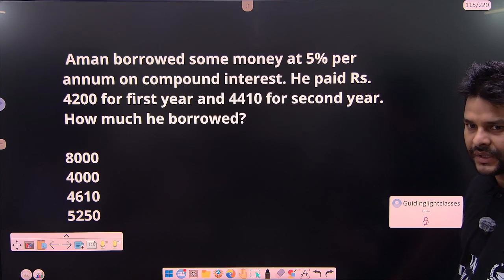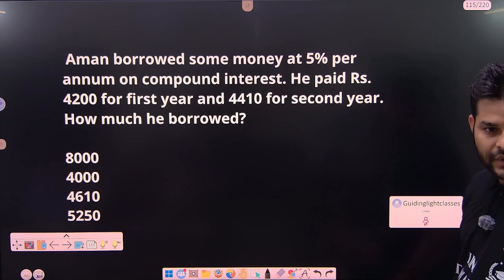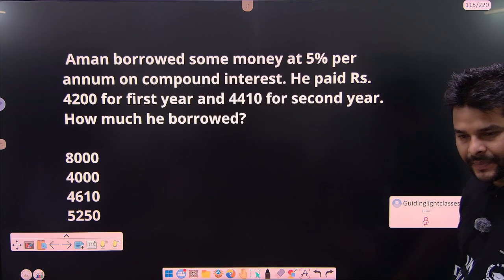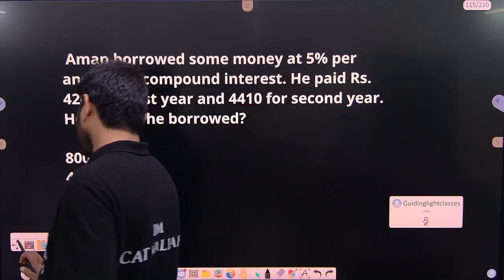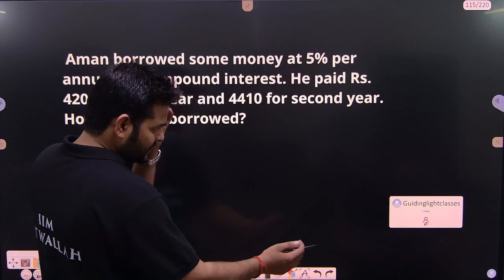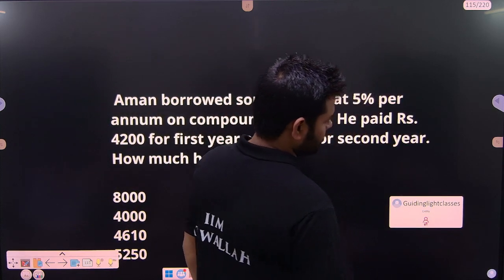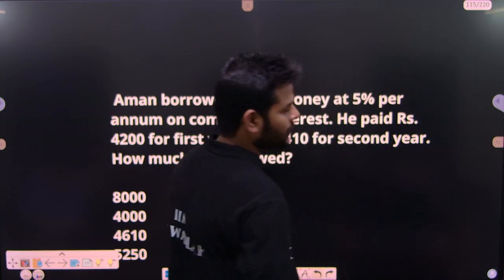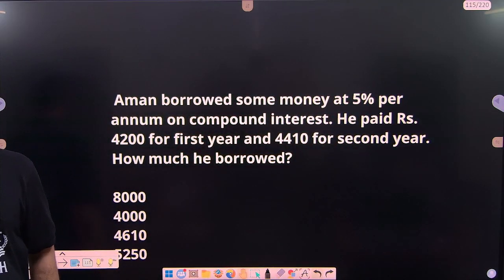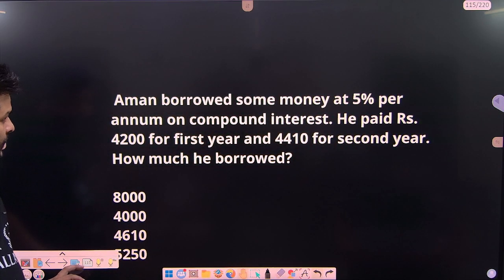So basically, the question has asked for the principal. First we will discuss the basic method, then the short one.